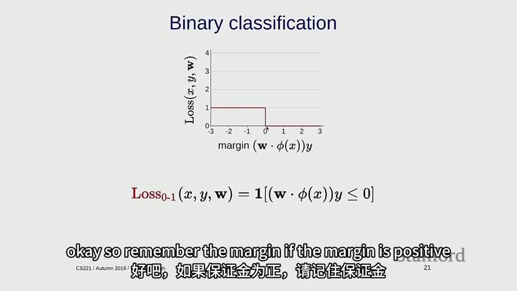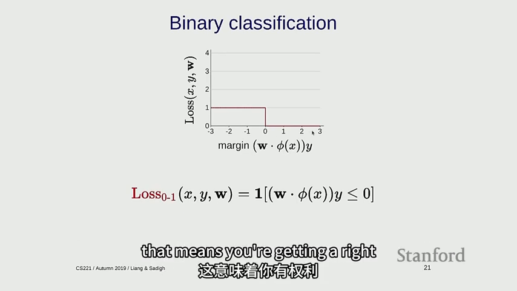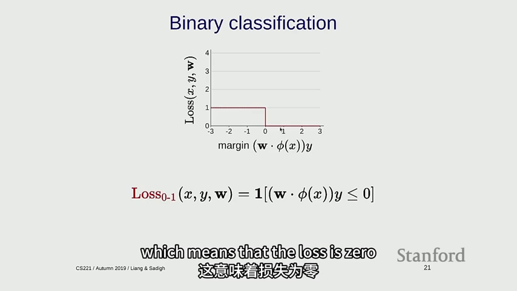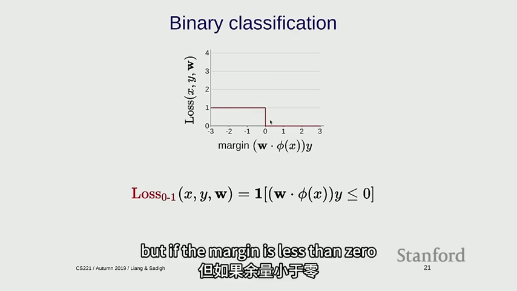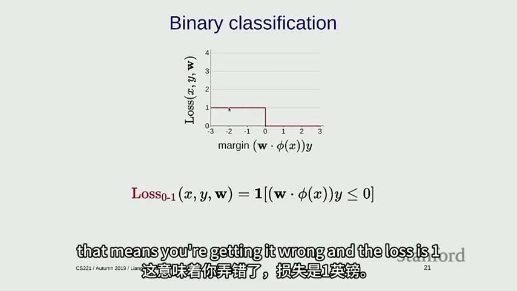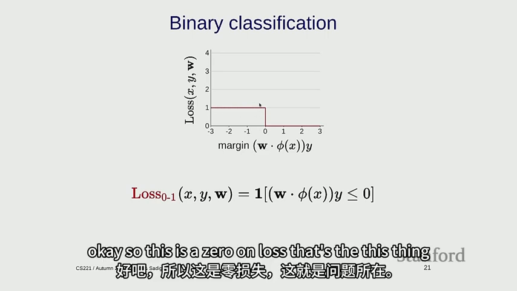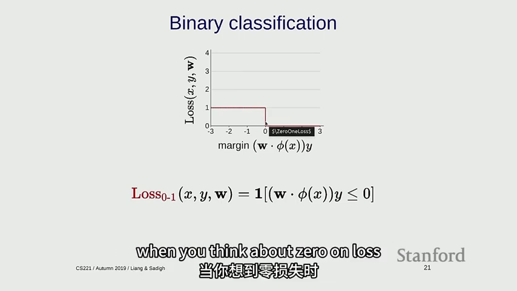Remember, if the margin is positive, that means you're getting it right, which means that the loss is 0. But if the margin is less than 0, that means you're getting it wrong, and the loss is 1. Okay, so this is the 0-1 loss. That's the visual that you should have in mind when you think about 0-1 loss.